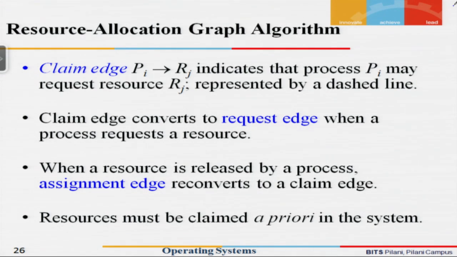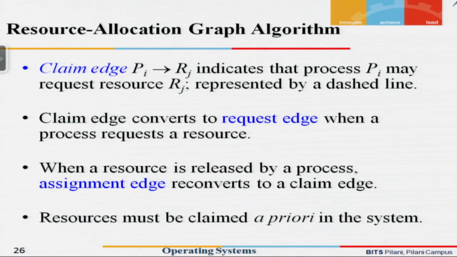We will see how it works out. A resource allocation graph works with resources where we have a single instance of each resource. If we have more than one instance of a resource, then this resource allocation graph algorithm does not work.